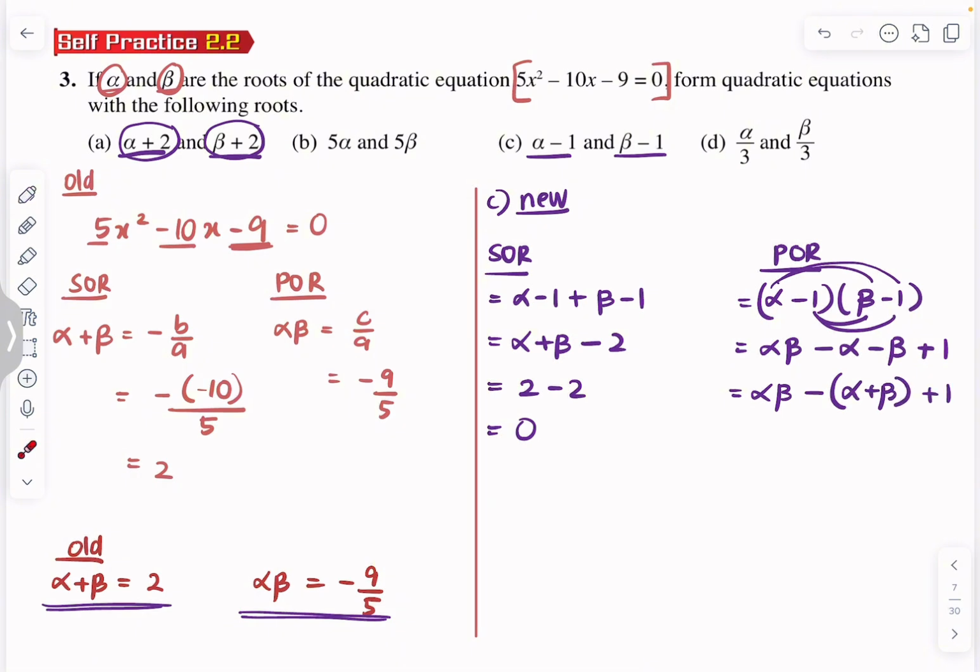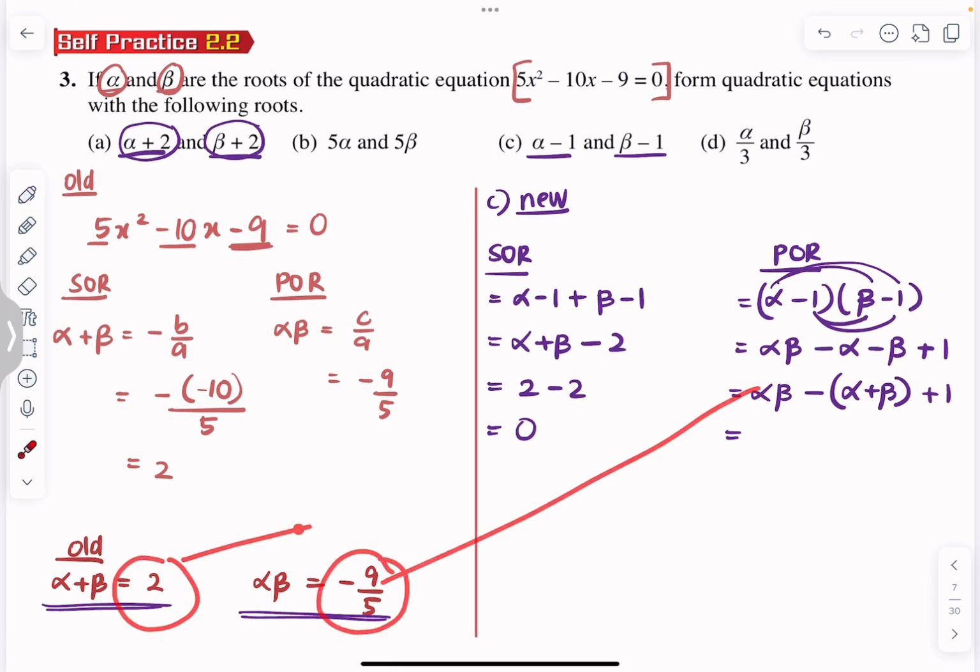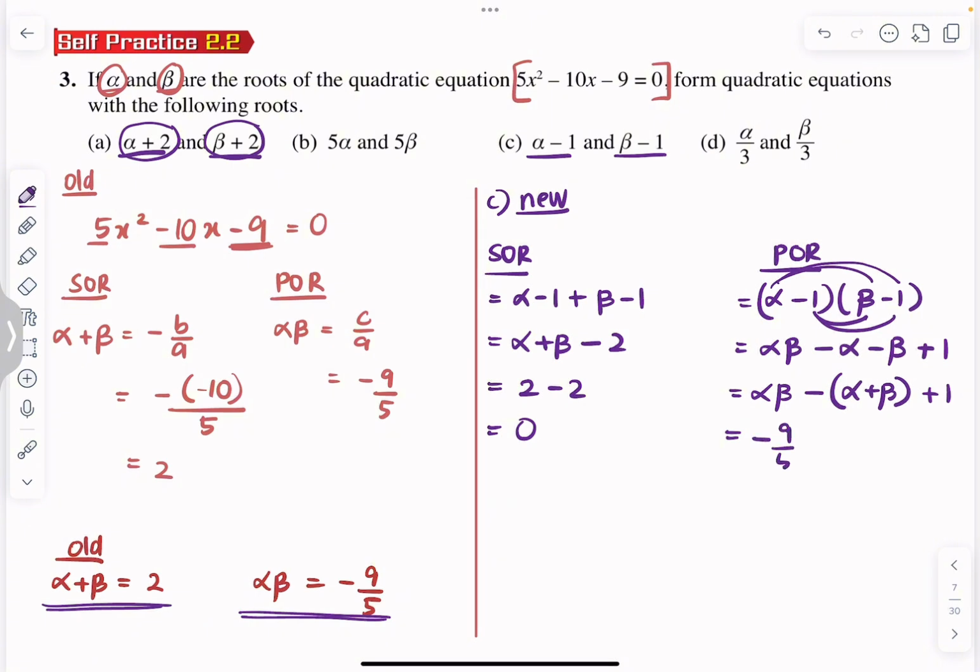Okay, this one we have to factorize the negative out. Why we need to factorize negative out? Because we only have alpha plus beta. We don't have negative alpha minus beta. So now we can sub in the values inside here. So alpha beta is negative 9 over 5. Alpha plus beta is 2.